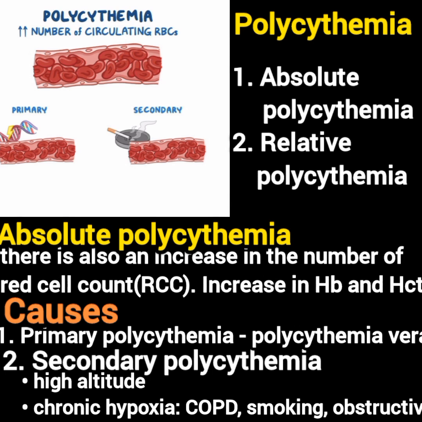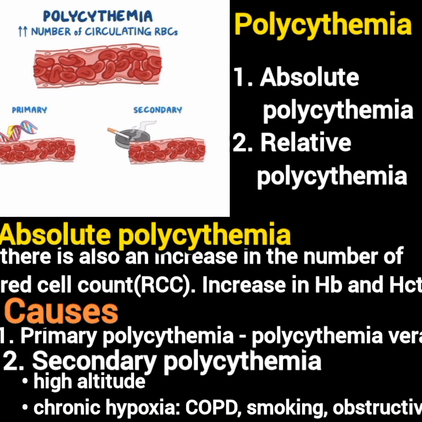Also, in chronic hypoxia, in conditions such as COPD, that's chronic obstructive pulmonary disease, congenital heart disease, smoking, obstructive sleep apnea, the persistent low levels of oxygen in the blood, the chronic hypoxia, the kidneys detect the hypoxia and release erythropoietin.